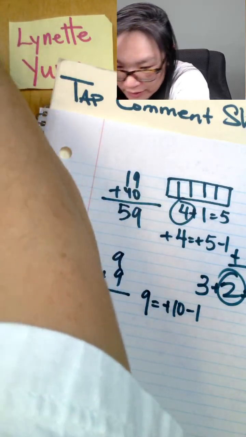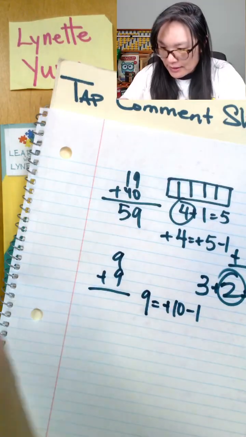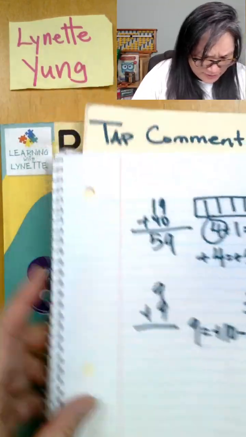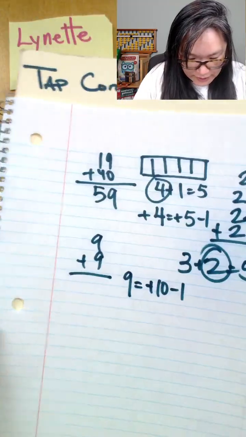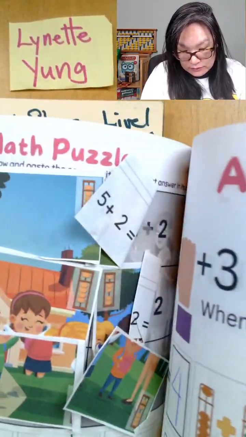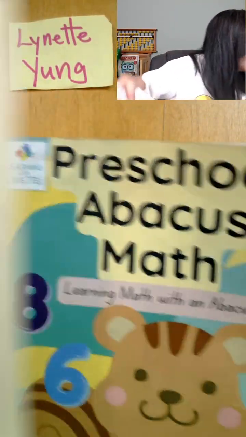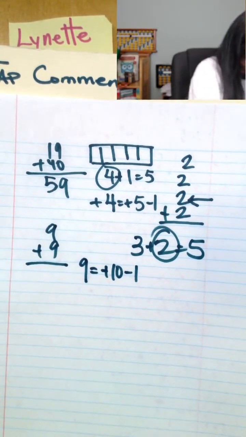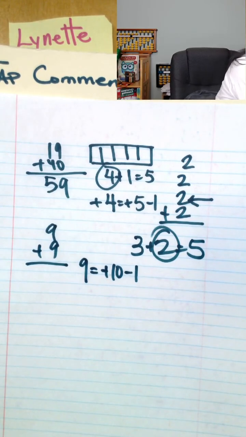I'm trying to find my picture of my abacus, and I can't find it because I lost it. How did I lose it? I just had it. Did I drop it? Okay, well, I'm going to keep going, but I do feel like I want to find this. Now I really have this need to find it. All right.